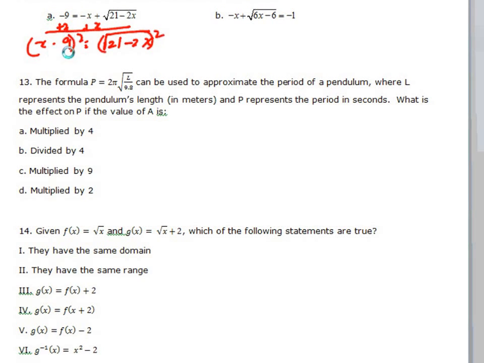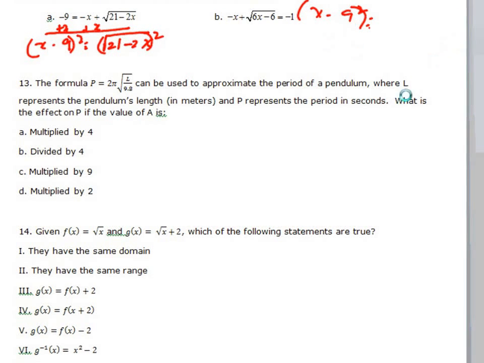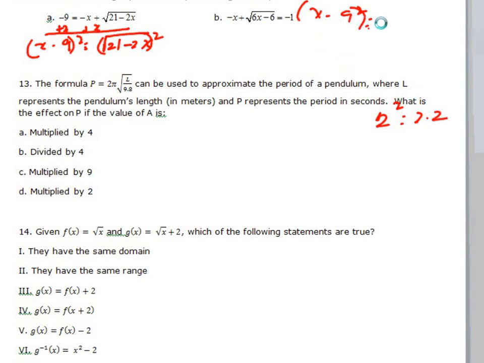So the question is, what is x minus 9 whole squared? Think of it as some number squared. Like if you have 2 squared, it is 2 times 2, isn't it? Same way, x minus 9 whole squared is x minus 9 times x minus 9.